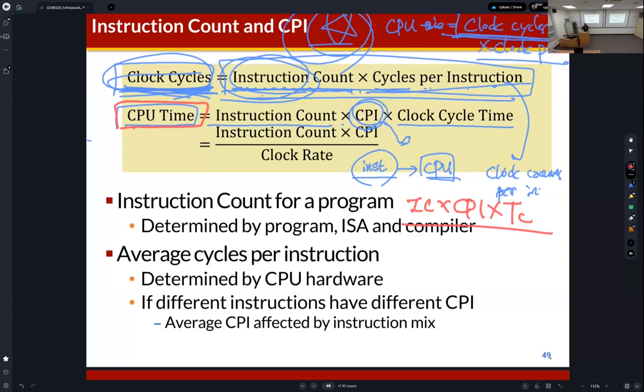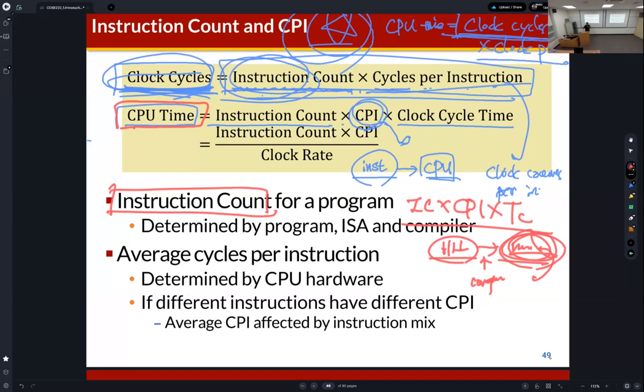engineering. So for example, how can we reduce the instruction count in a program? It's purely the software part, right? We can write the code using a high-level language like C, and then this code is compiled by a compiler. Then the machine code is generated, and this machine code is executed by the CPU.